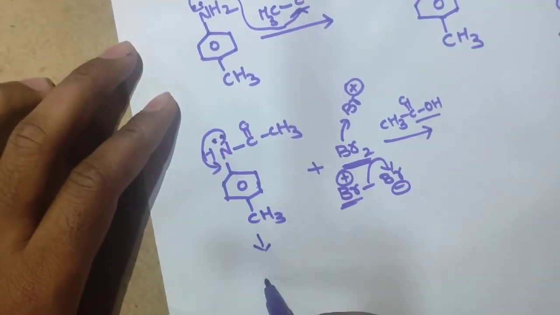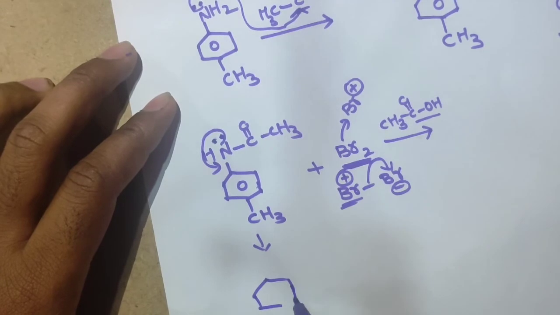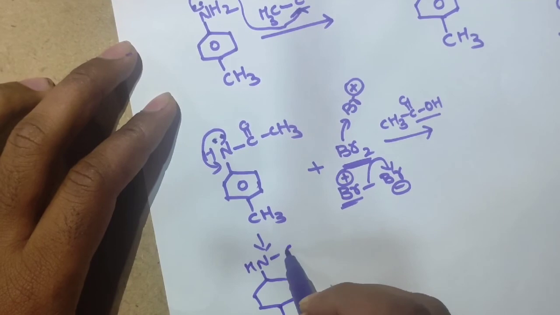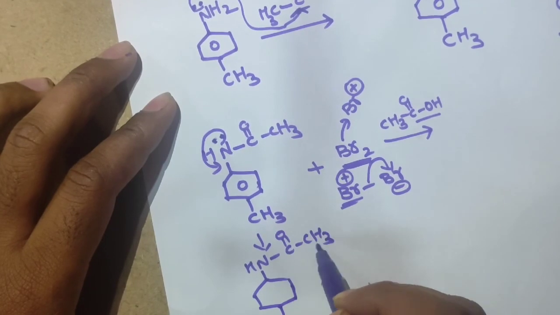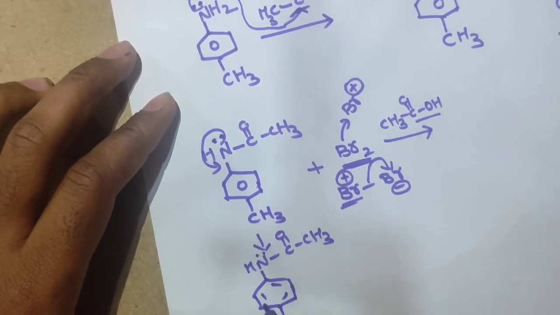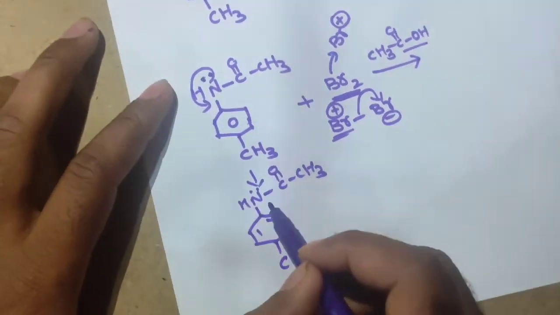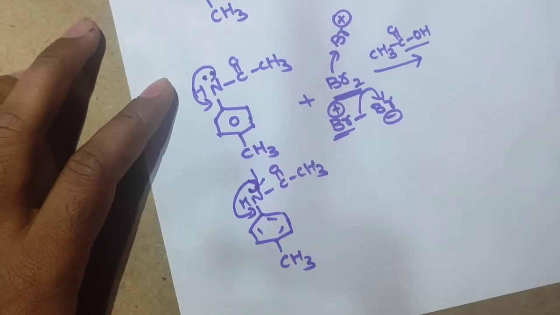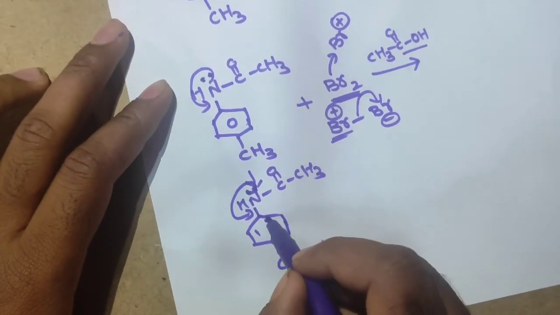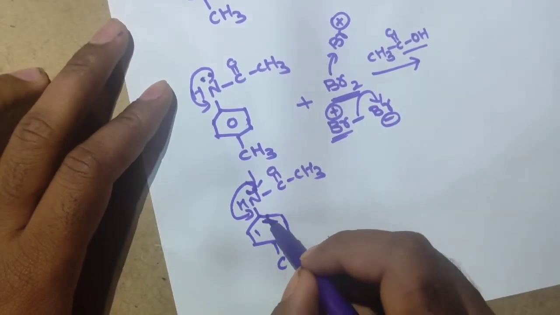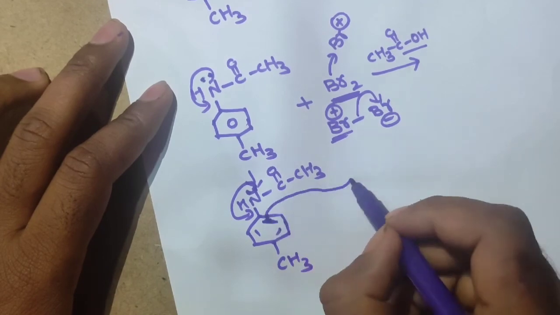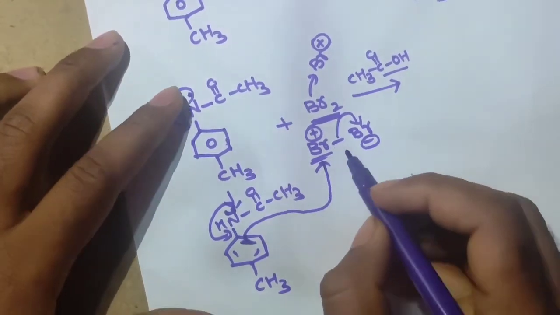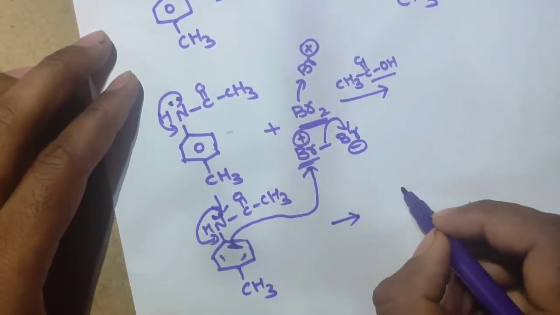And it gives, see, these lone pair of electrons will be involved in delocalization, and we have a pi bond here. These pi bonded electrons will take this ammonium ion and give this.